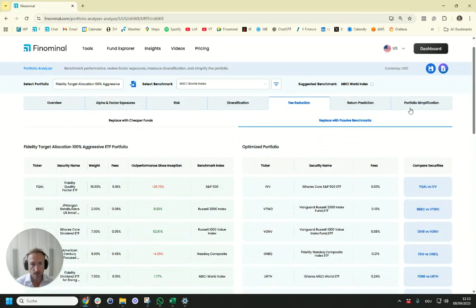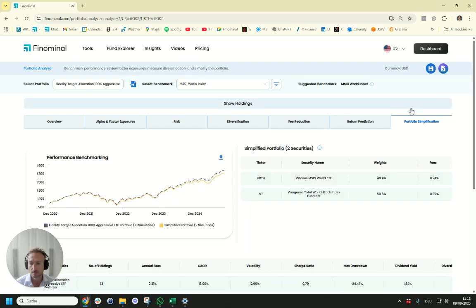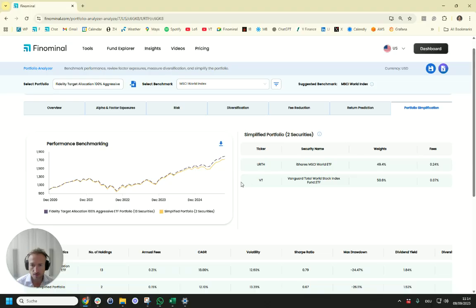Finally, let's have a quick look if we can simplify this portfolio. As mentioned, this is quite large with 13 securities, which are 12 ETFs and a little bit of cash. And what we see over here is that the combination of the MSCI World and the Vanguard Total World Index would have replicated this portfolio quite closely.